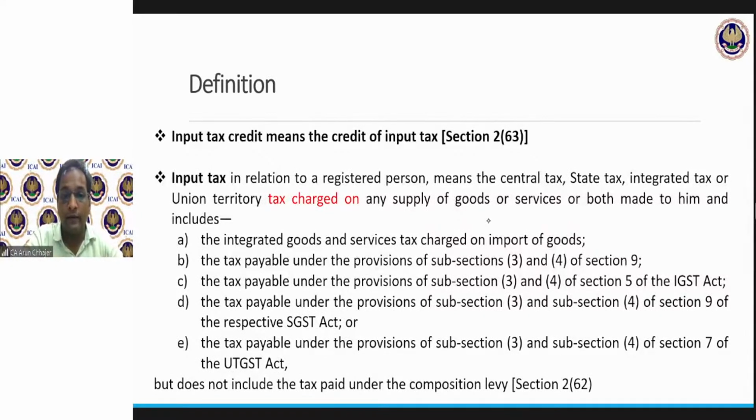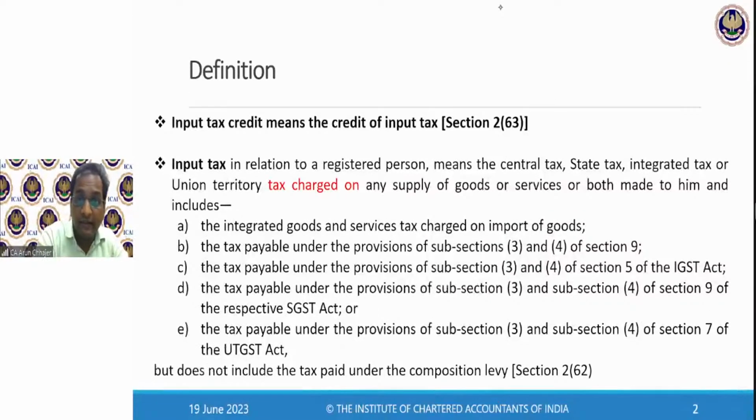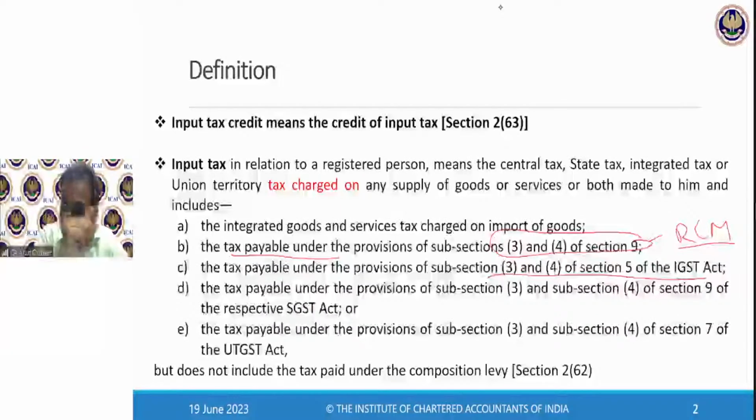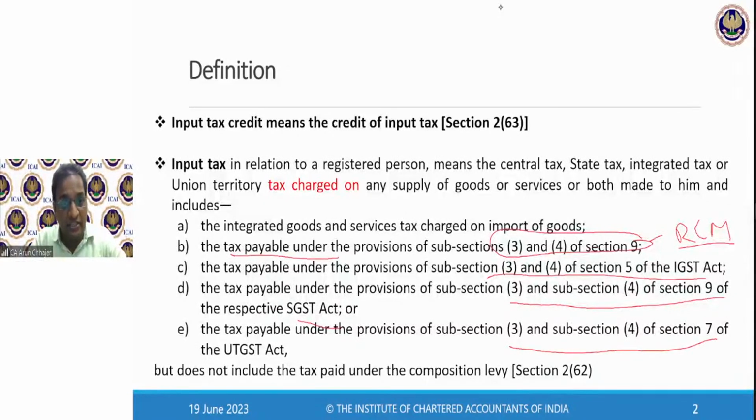Now coming back, it says taxes payable under 9(3) and 9(4), that is the RCM section of CGST, 5(3) and 5(4), the RCM section of IGST, 9(3) and 9(4), the RCM section of SGST, 7(3) and 7(4), the RCM section of UTGST.